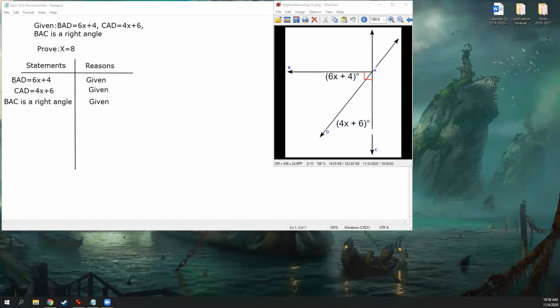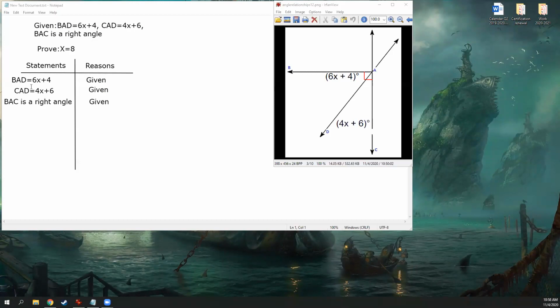So before I look at, all right, well, angle BAD is this, and it's here, angle BAD equals 6x plus 4. Is there anything I can do with this equation? Given the variable and that it equals something I don't know, there's nothing I can do.